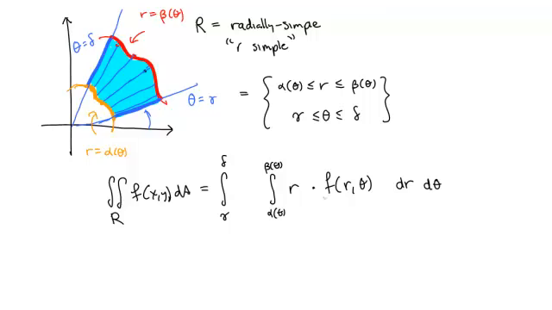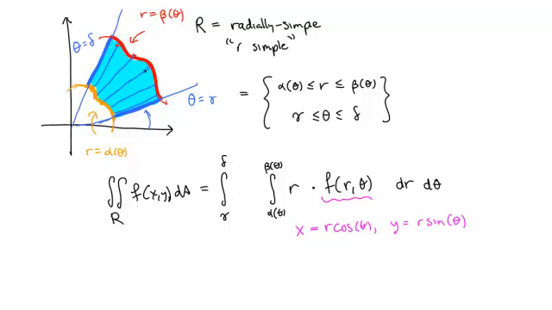Now, it's worth pointing out that f of r theta is really sort of abuse of notation right here. F is a function of the variables x and y. And so what I really mean when I'm writing this thing down is I'm really saying take x and replace x by r cosine of theta, and take y and replace it with r sine of theta, so that we have the function f written in the form of r's and thetas.